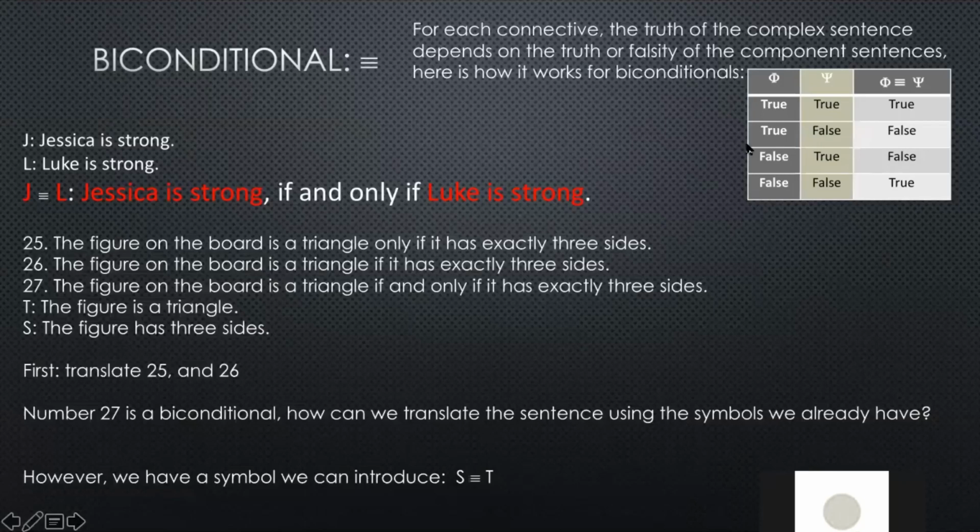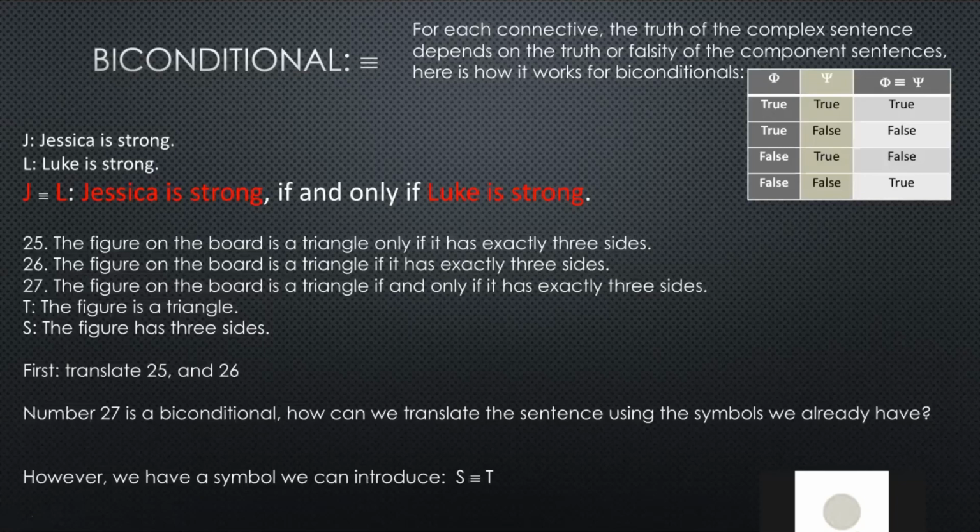The biconditional sentence, phi if and only if psi, is true in any instance where the atomic sentences that make it up have the same truth value. So if it's true the figure on the board has three sides and it's true that it is a triangle, then the sentence, the figure on the board is a triangle if and only if it has three sides, is also true.